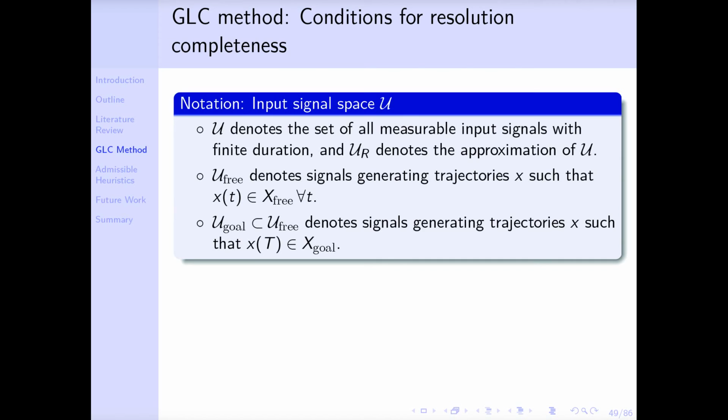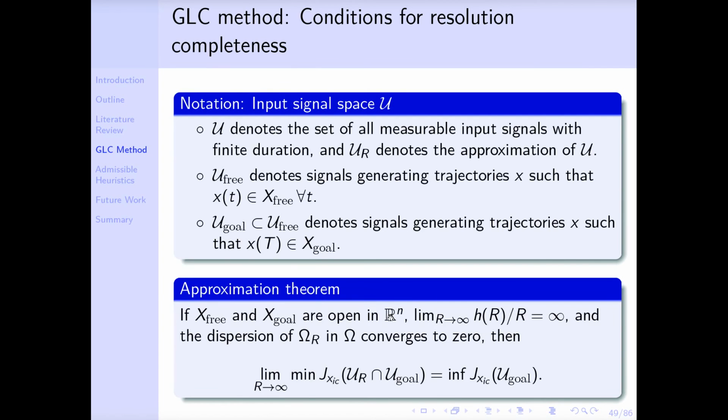We'll call U free the input signals that generate trajectories that remain in the free space for all time. And then U goal will be the subset of U free consisting of inputs generating trajectories that additionally terminate in the goal set.